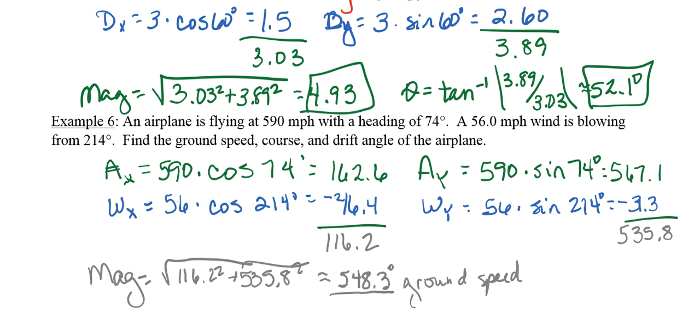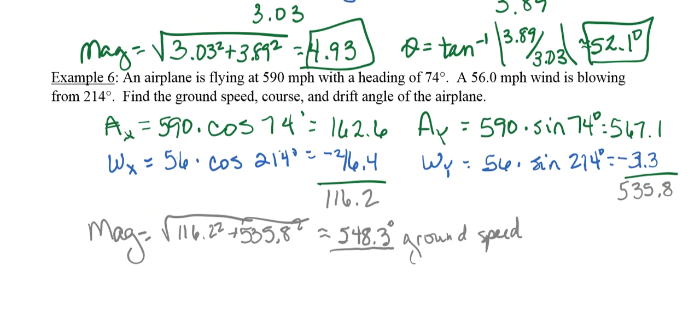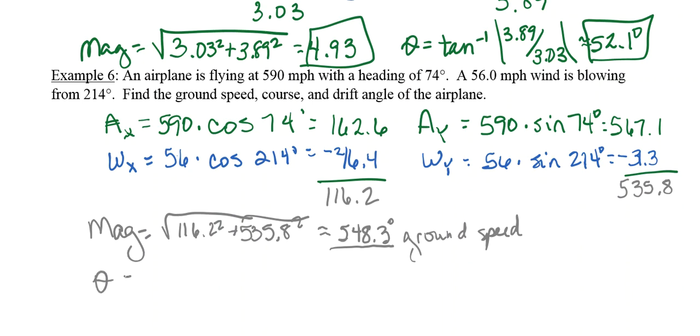Okay, so then we're going to go ahead and find the course, which is our theta. So we're going to do inverse tangent of 535.8 over 116.2.